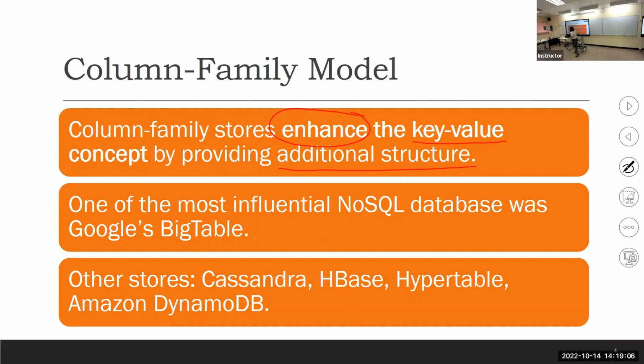And the very first and most influential concept of column family was initiated by Google's Bigtable, of course with the reason to handle huge amounts of data. We already discussed, right? NoSQL has been widely used and has become popular because the relational model itself has certain performance and scalability issues and so on.